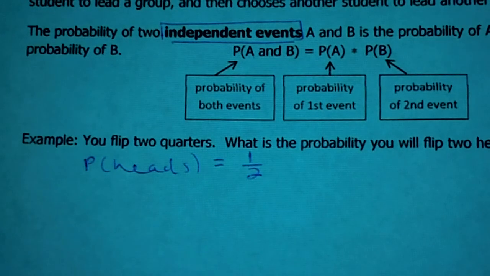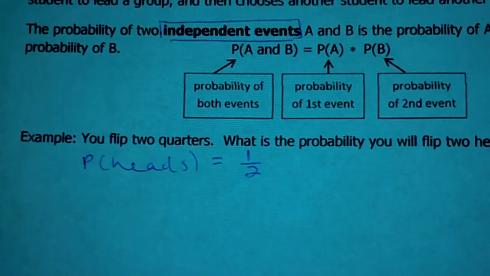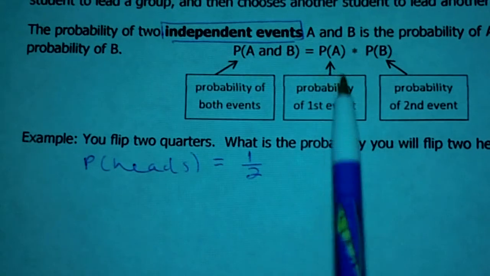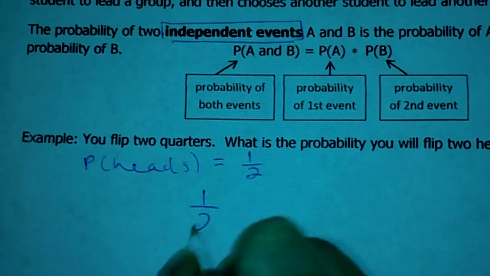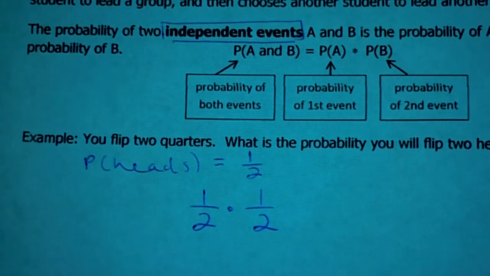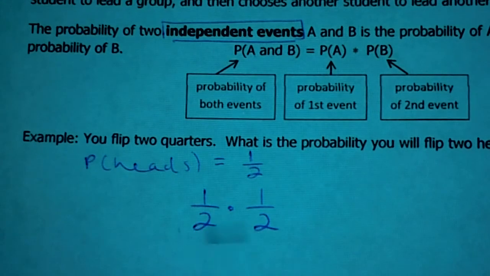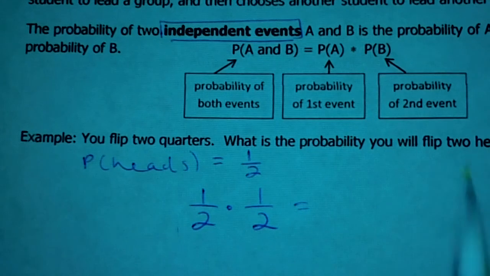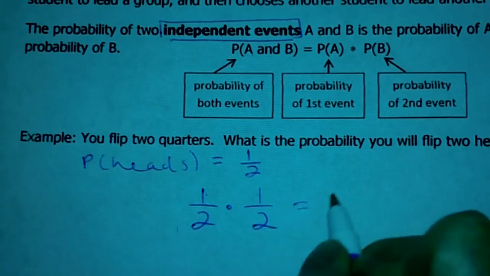So if I want this to happen twice, event number 1 is you'll flip heads. Event number 2 is you're going to flip heads again. All this is saying is take the probability of the first and multiply it by the probability of the second. So this is the chances it's going to happen the first time. This is the chances it's going to happen the second time. So the probability that you're going to flip 2 heads is 1 times 1 is 1.